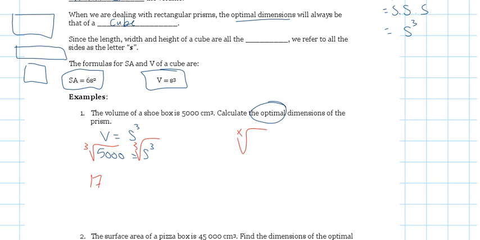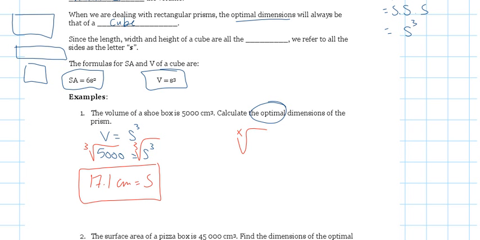And what's the unit for side length? Centimeters. So put the 5,000, and the root index is 3. But if it's 4, then you put 4.